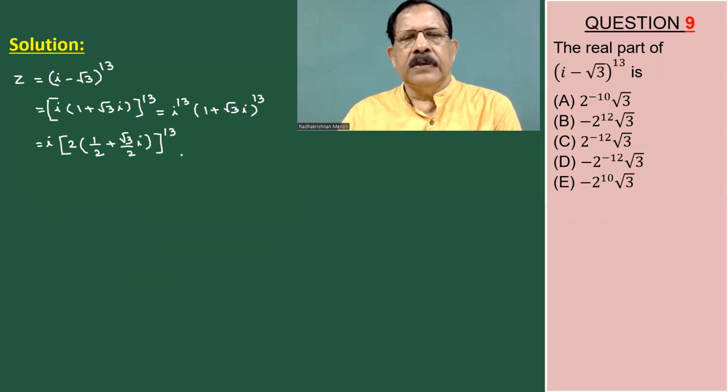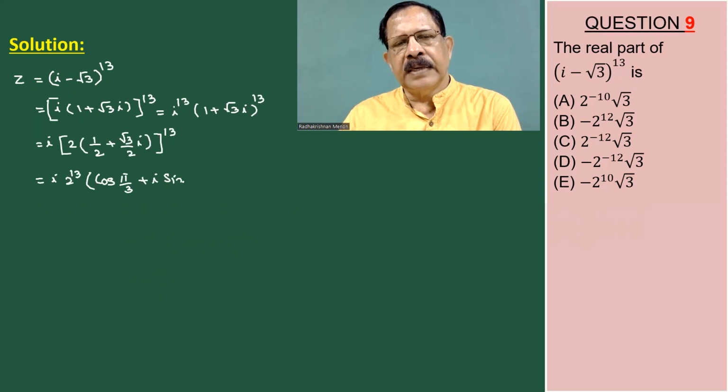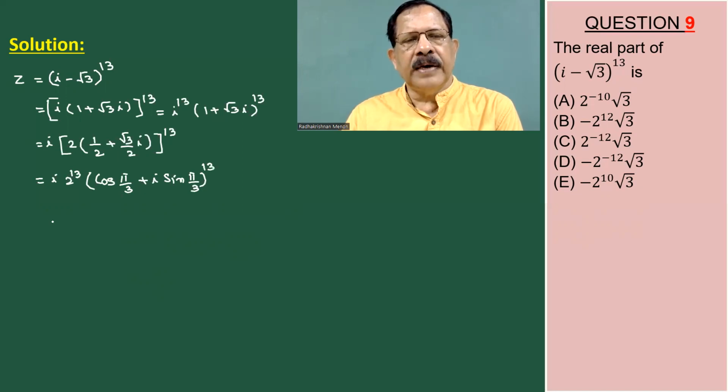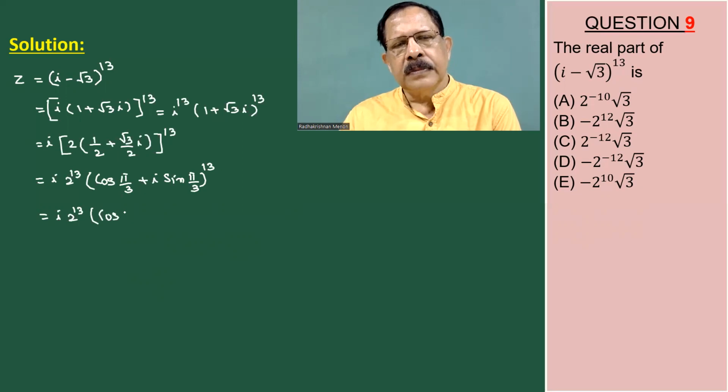Writing the bracket as cos pi by 3 plus i sin pi by 3, raised to 30, we use de Moivre's theorem: 2 raised to 30 into cos 10 pi plus i sin 10 pi.